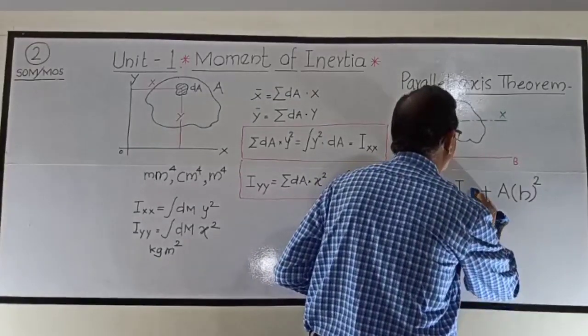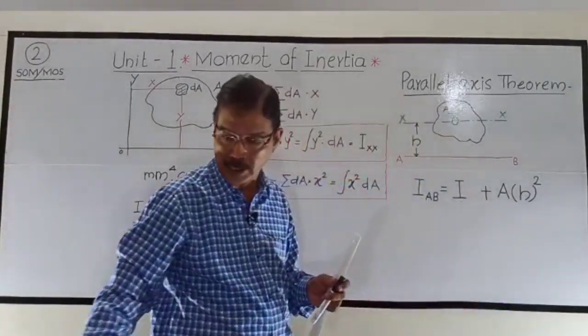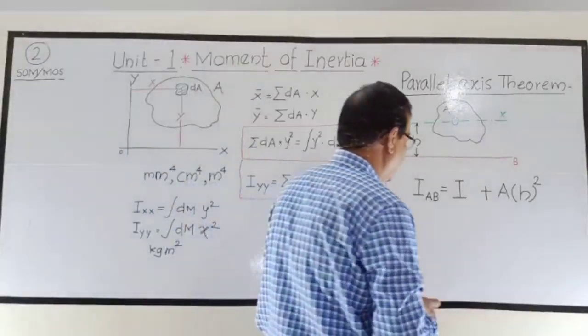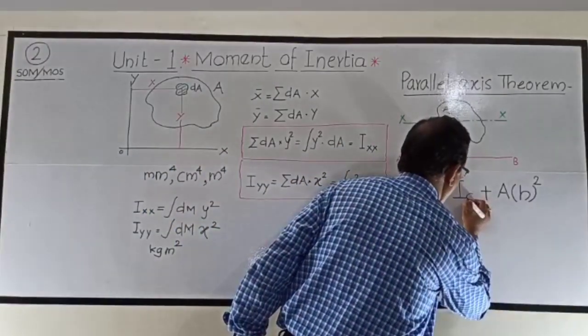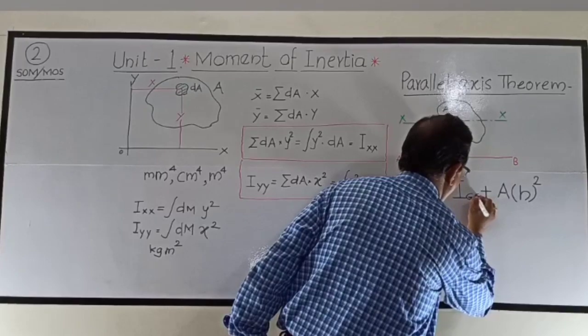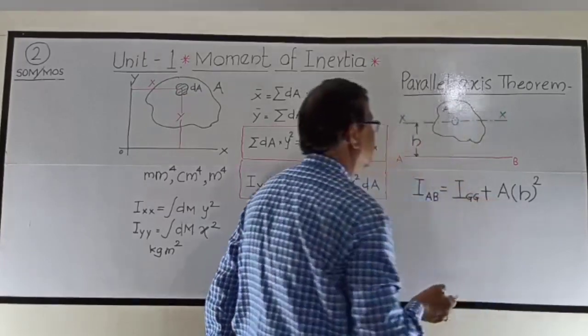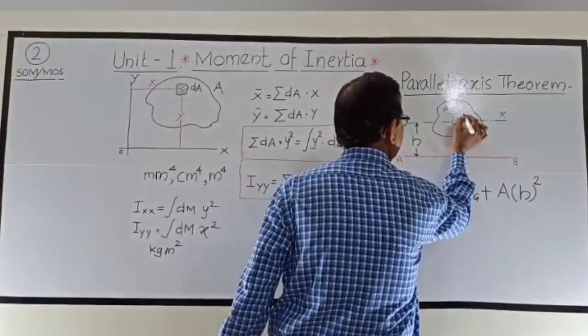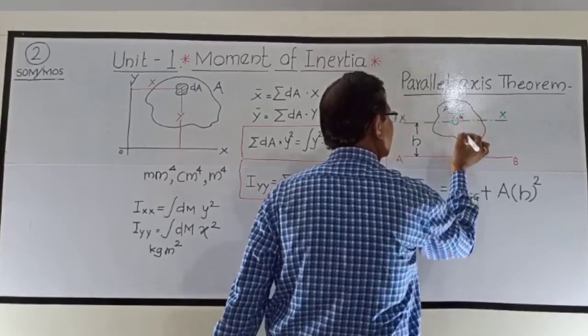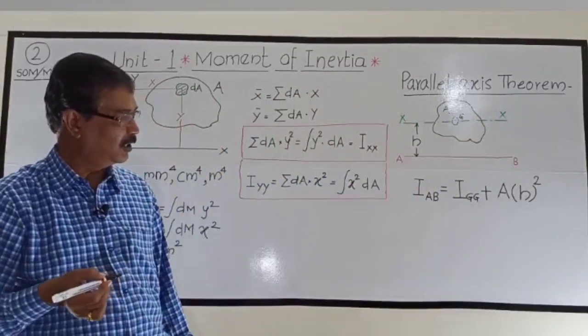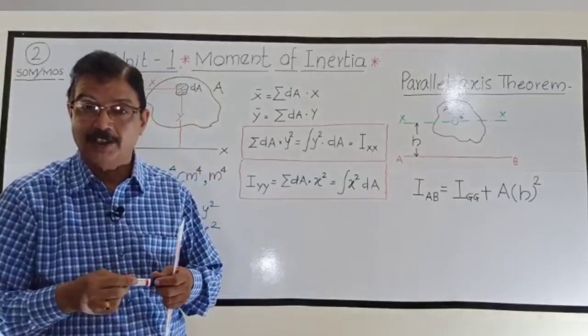What is GG? That is the moment of inertia about the centroidal axis. Generally, we denote the centroid as G, so the axis passing through that centroid gives IGG.